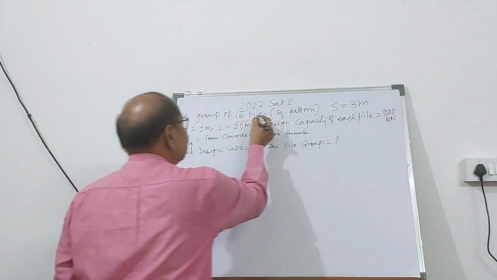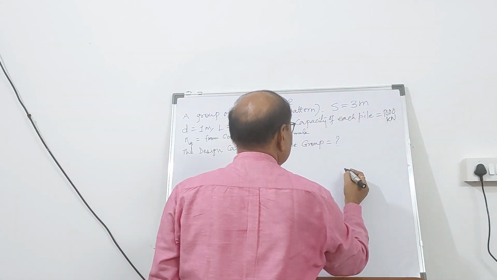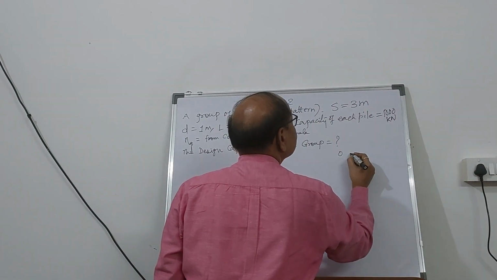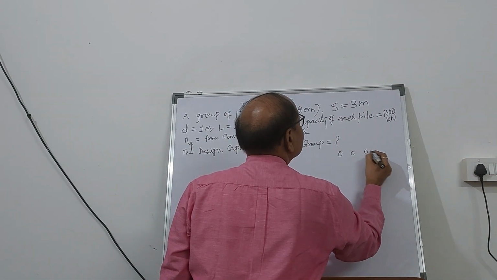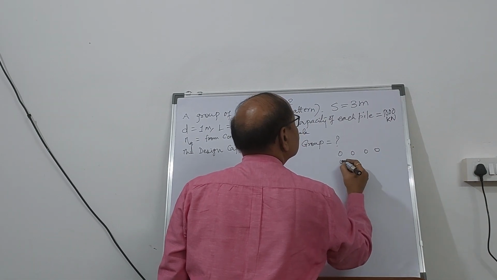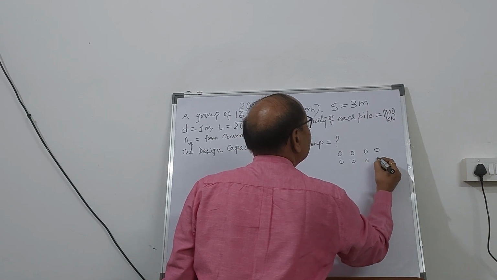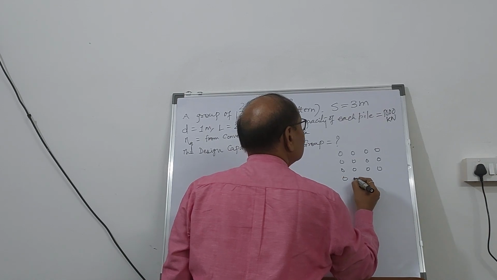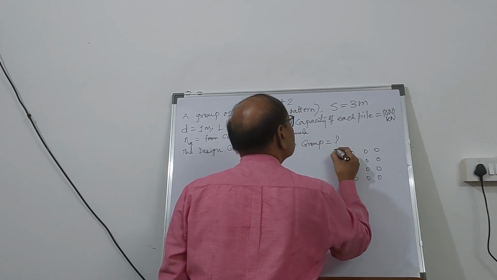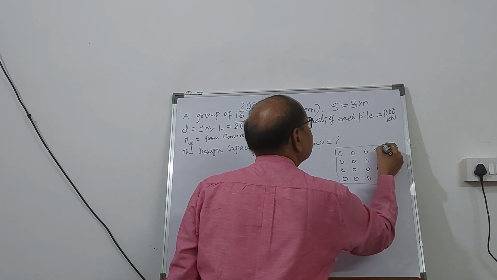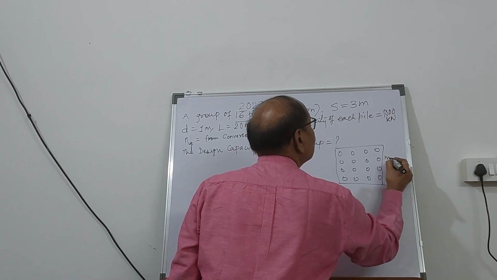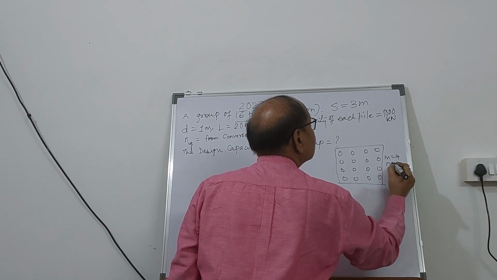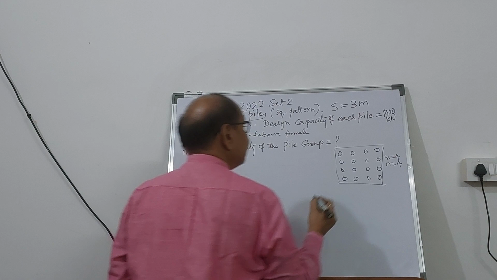So here you can see there are 16 piles arranged in a square pattern. So you have got the piles 4 by 4. So m equal to 4, n equal to 4, 16 piles.